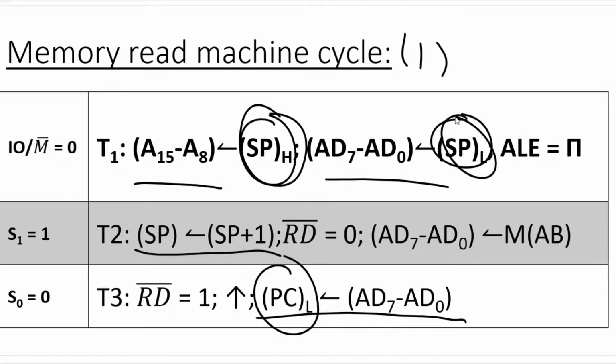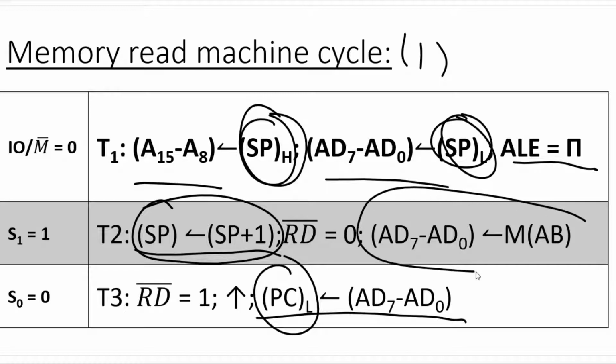So the stack pointer address will be loaded onto the address bus once address latch enable is triggered, and the stack pointer will be incremented by 1. The read signal will be enabled. So whatever was on the address bus, the contents will be transferred to the data bus, and from the data bus it will be transferred not to the program counter but to the register pair.